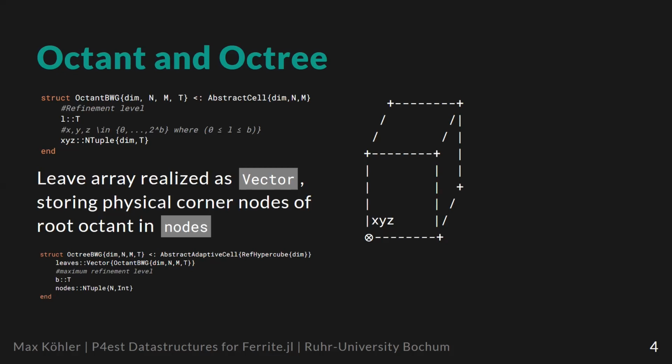And this is quite nice, because otherwise, if you may or maybe not have looked into other adaptive libraries, you see that a single adaptive cell can hold quite a few fields attached to it. So maybe the neighbor with whom it is sharing faces and stuff like that.